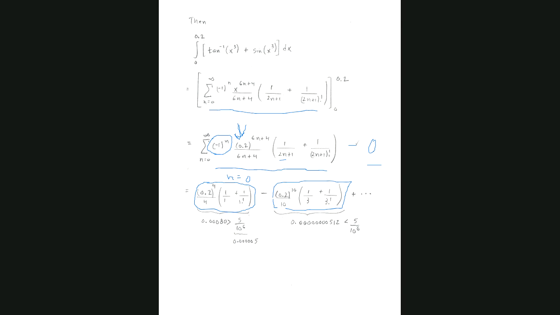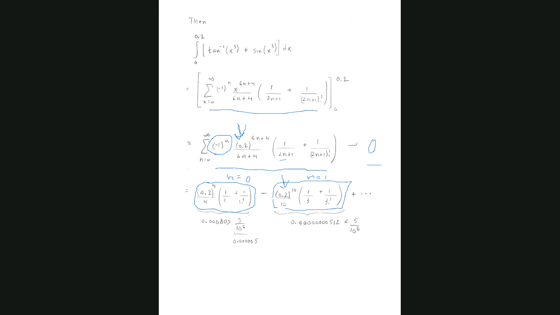So what I've done is I've written down 2 terms of the series. And the question is, should I write more terms down? Well, I don't want to waste time. I have to write some terms down, but maybe one or two is all I need. The reason is that the second term has that 0.2 to the 10th power in it, and that's going to make that term very small.